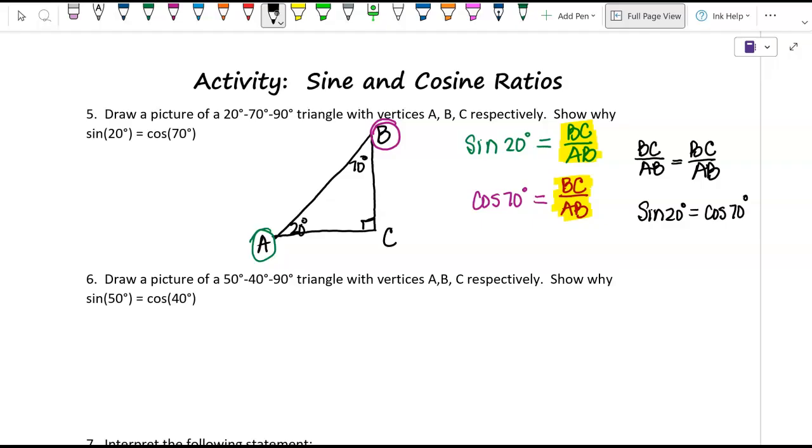That AB is not going to change as the hypotenuse. They're both dividing by the same hypotenuse. And really, opposite of angle A and adjacent of angle B is the exact same segment. That is why those two ratios come out to be equal.